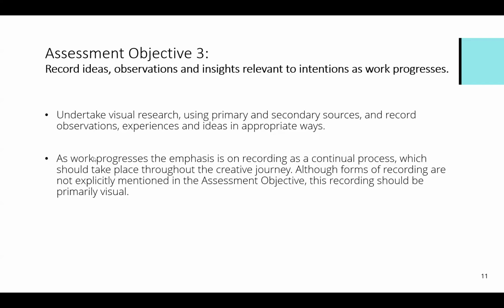Although forms of recording are not explicitly mentioned in the assessment objective, this recording could be primarily visual. Annotation could also come under this section, but as I said at the beginning, all these assessment objectives are designed to be integrated. So you can annotate all the way through the presentation, your submission.